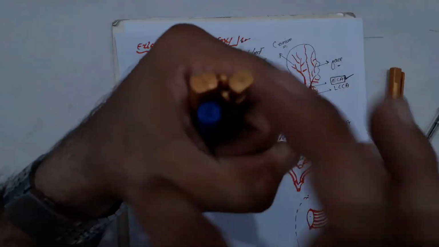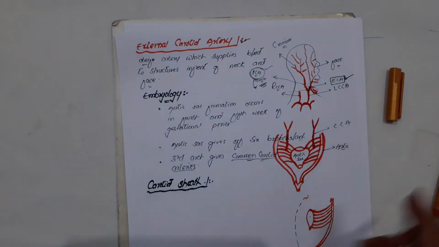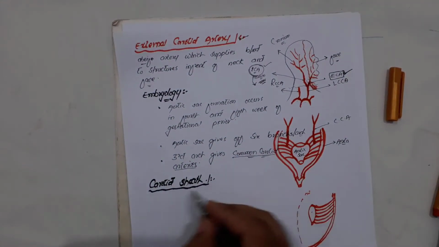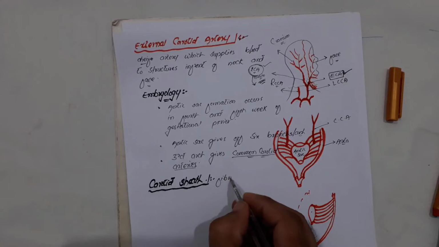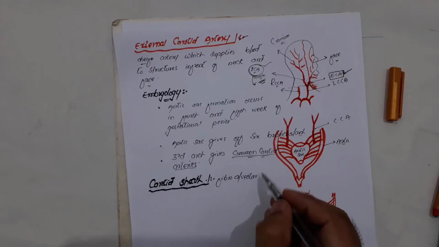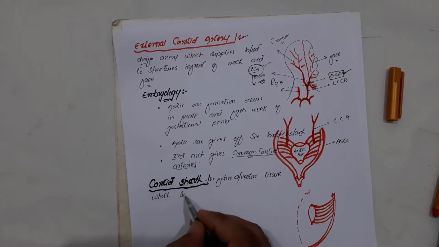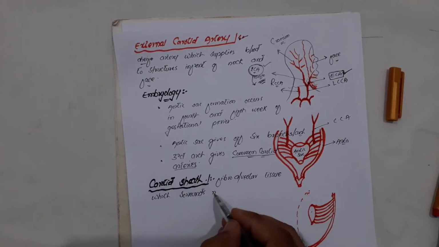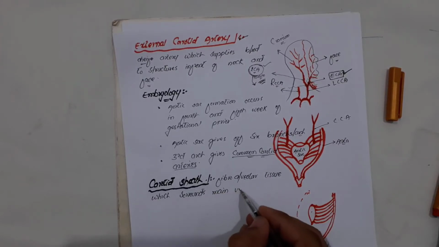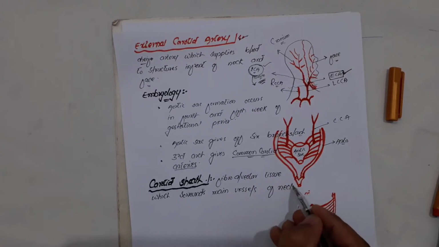So the carotid sheath is a fibroareolar tissue which surrounds the main vessels of the neck region.